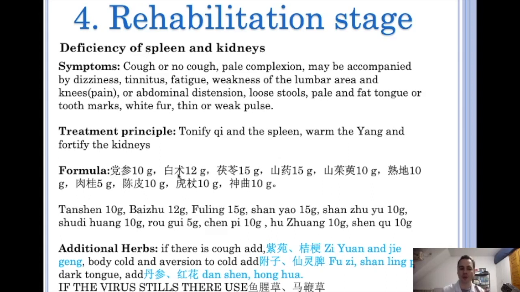We have Baizhu, Fuling, Shanyao, okay? And for the kidney, we have Shanzhuyu, okay? We have Shudihuang, Rougui, and Shanyao is also good for that. We have the formula Liu Wei Di Huang, okay? Partially, but we have it there.